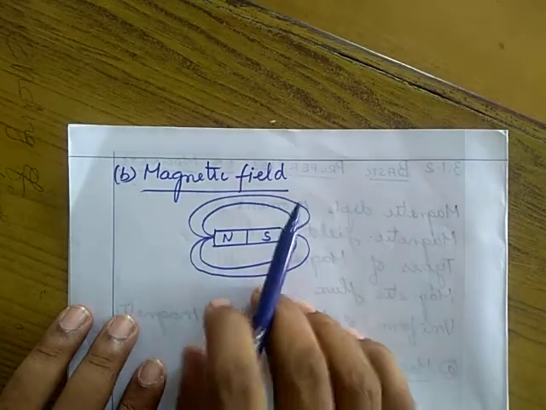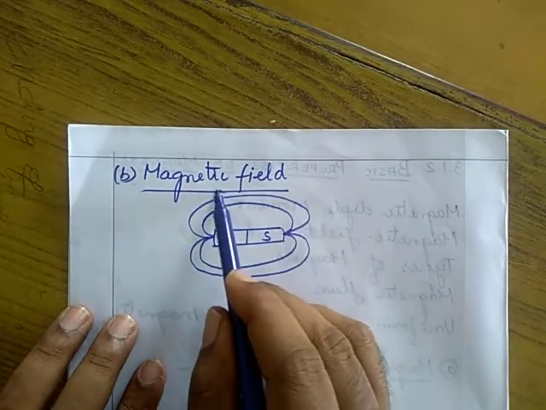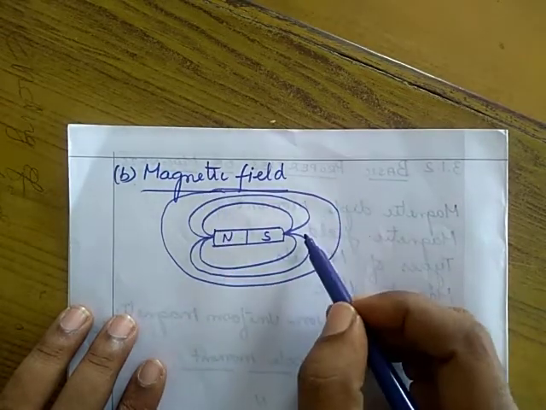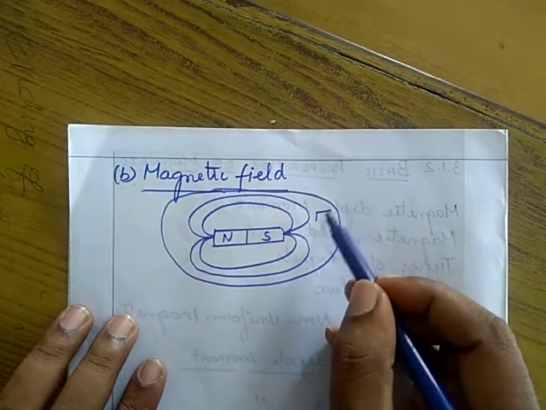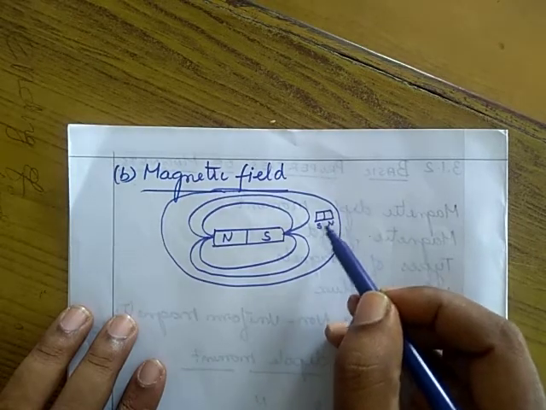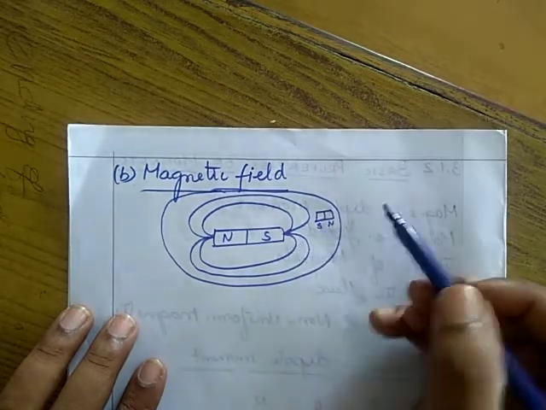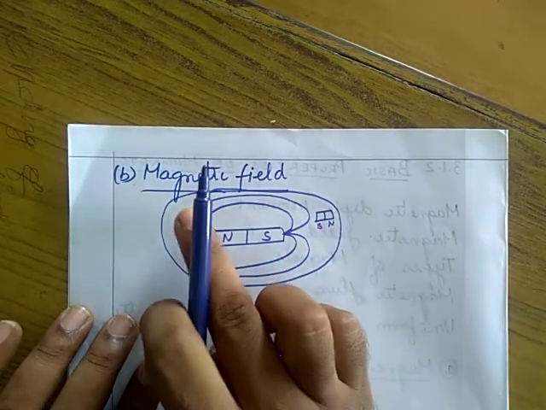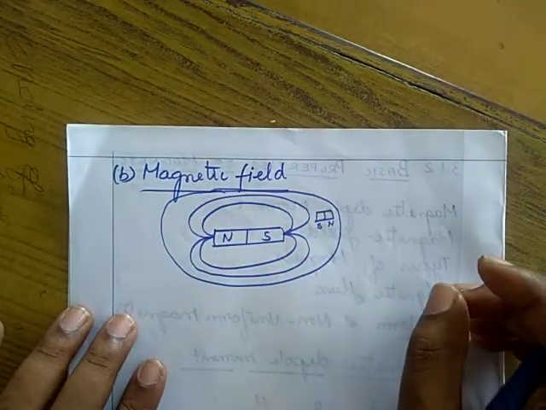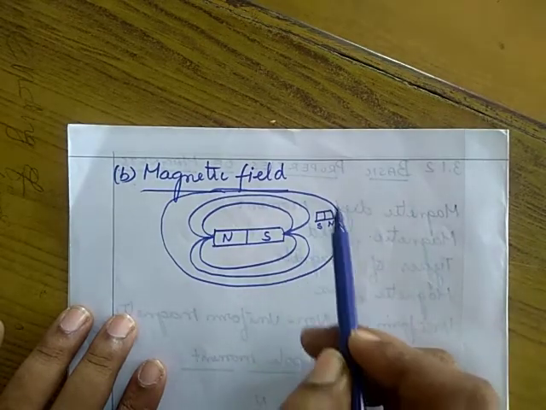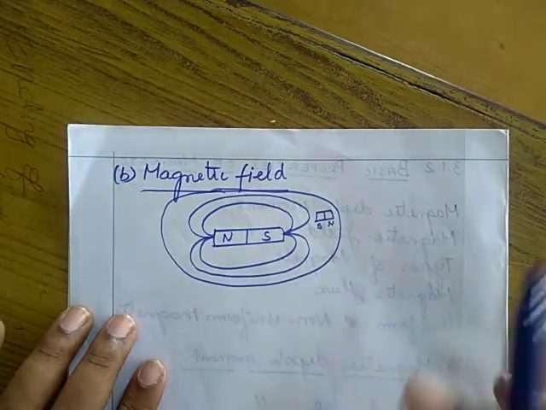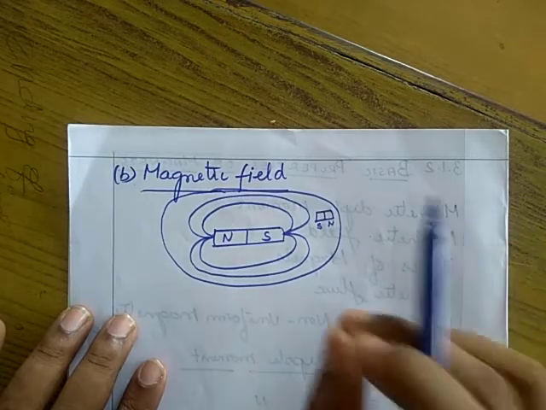If suppose it is a bar magnet, I consider this as a region. In this region, if you place one more bar magnet, then this bar magnet experiences a force, and that is known as magnetic field. I will say the definition: magnetic field is a region or space around the magnet within which a bar magnet experiences a force.